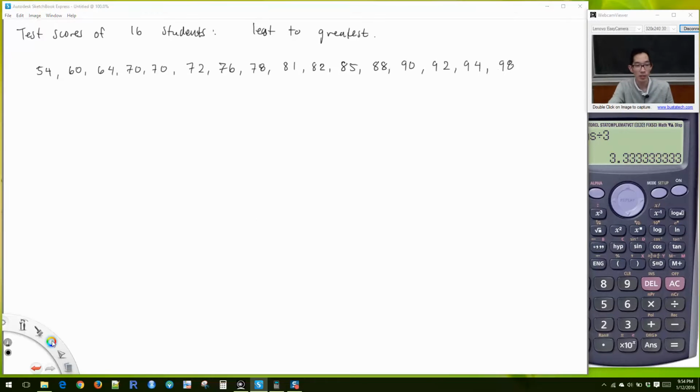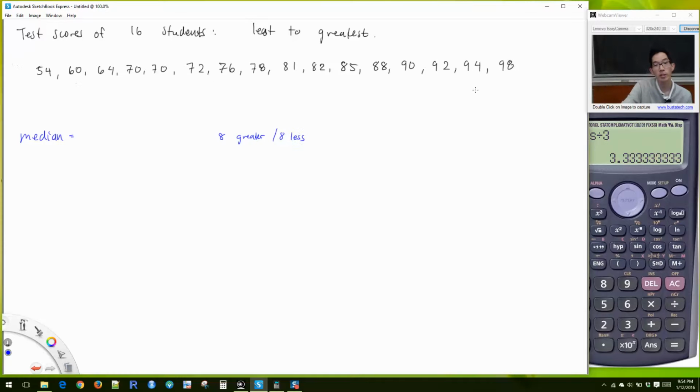Good. Okay, so we have 16 scores. Okay, so let's find the median. So the median is the spot where how many are greater and how many are less? 8 are greater and 8 are less, right? Okay, so 8 greater, 8 less.